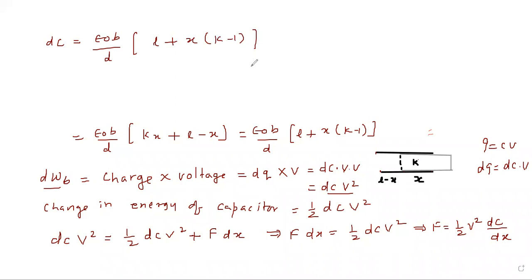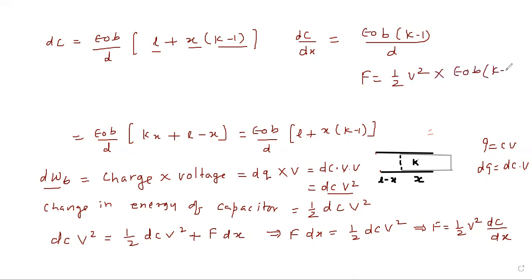Now, if we find dC upon dx from here, X will become 1 and this will become 0. So it will be epsilon naught B times K minus 1 divided by D. So we have got the value of dC upon dx. So the force from here will be F equal to half V squared times dC upon dx, where dC upon dx is epsilon naught B times K minus 1 upon D.